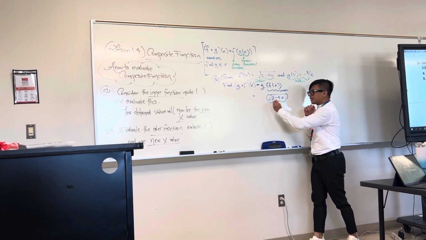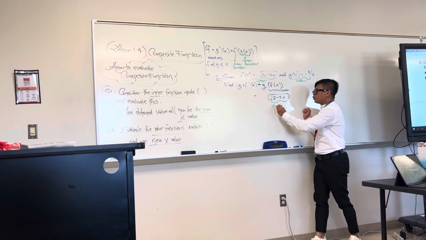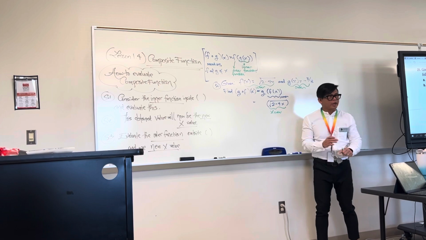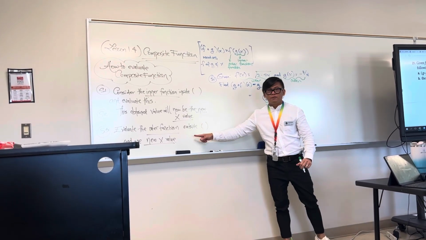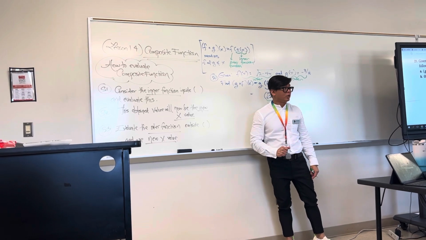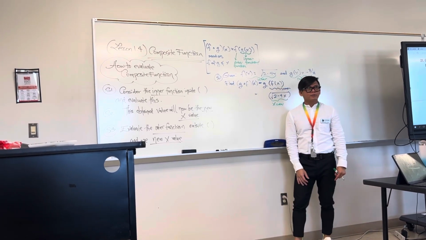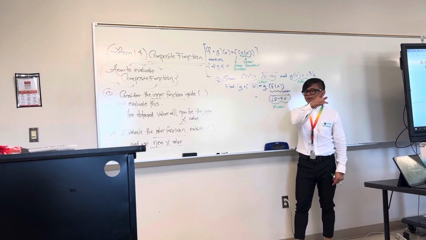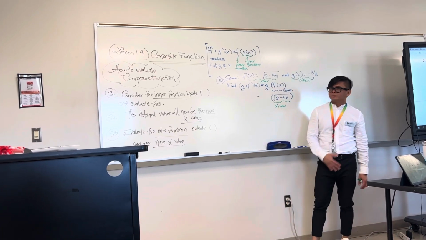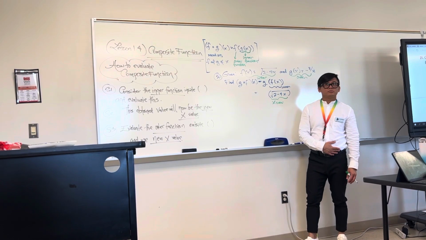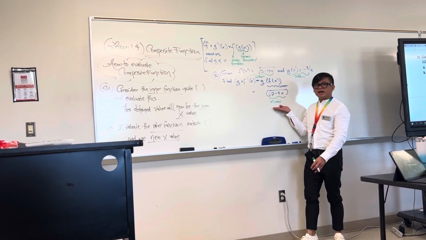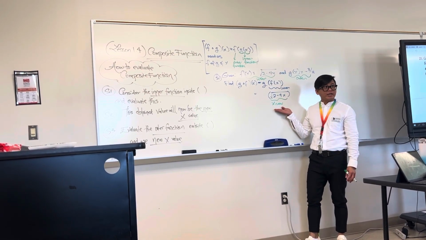Let's read our step number 3. Magnolia, let's read the step number 3. Evaluate the outer function outside parentheses and use new x value. Thank you. So this new x value will now be used to evaluate the outer function.